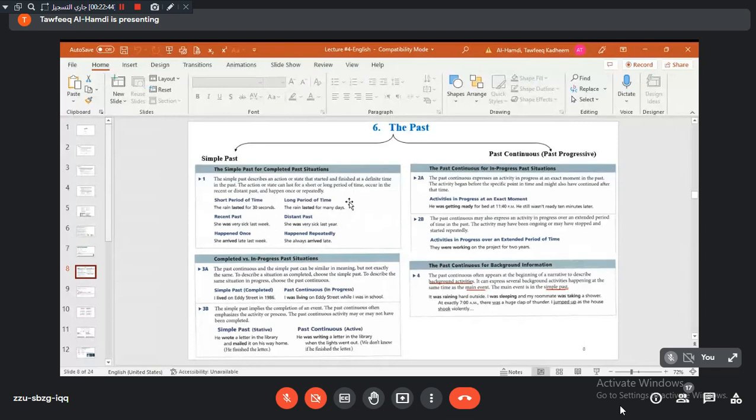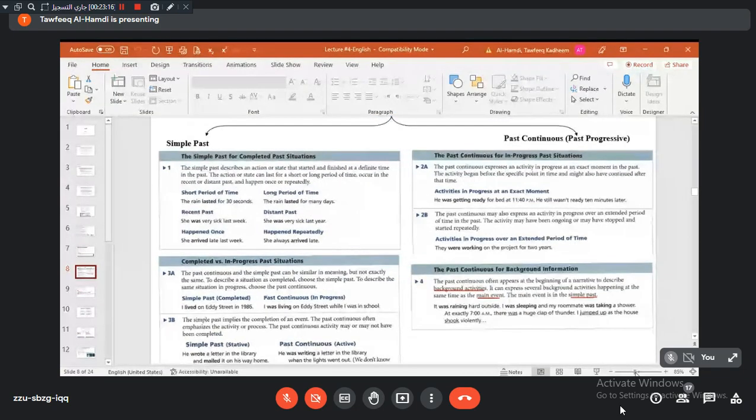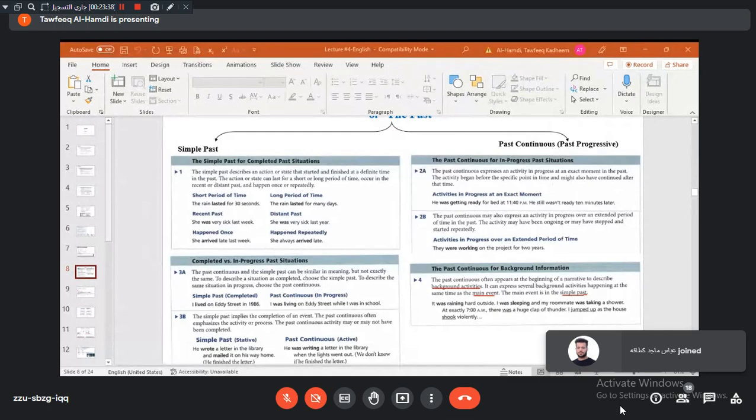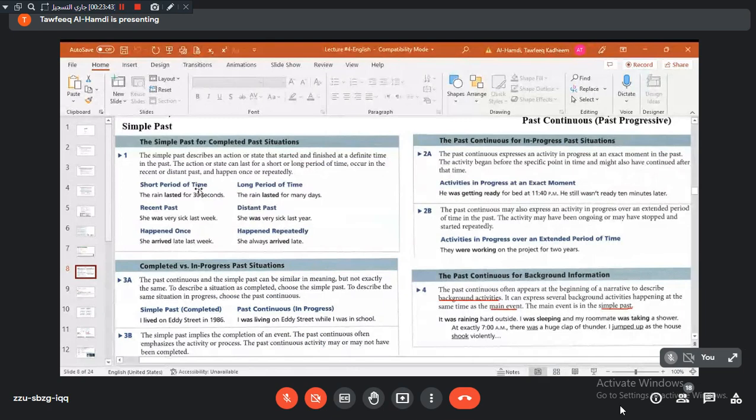The action or state can last for a short or long period of time, occur in the recent or distant past, and happen once or repeatedly.